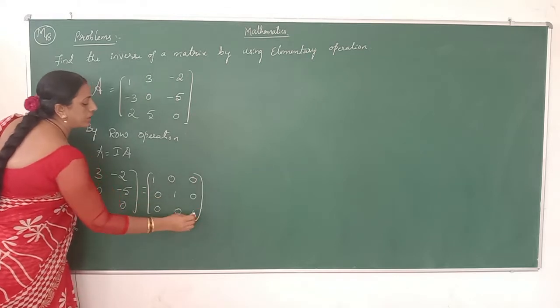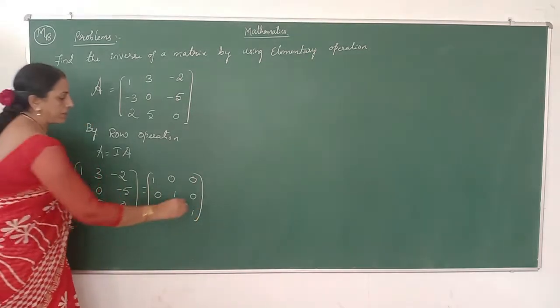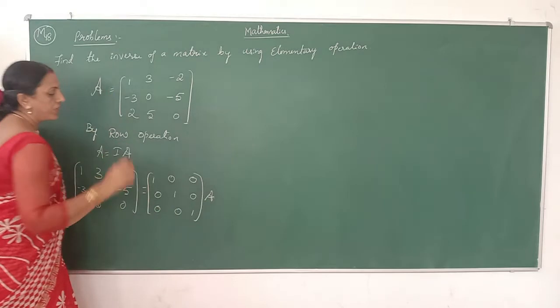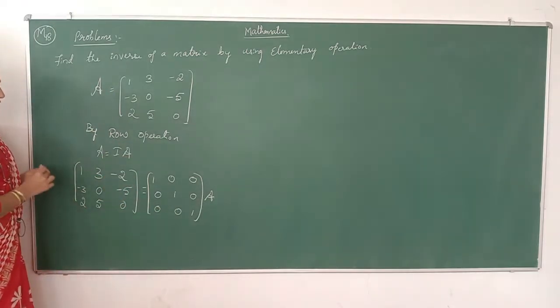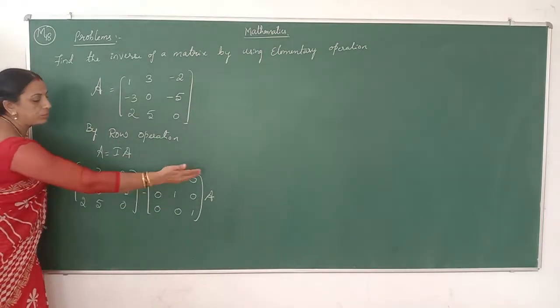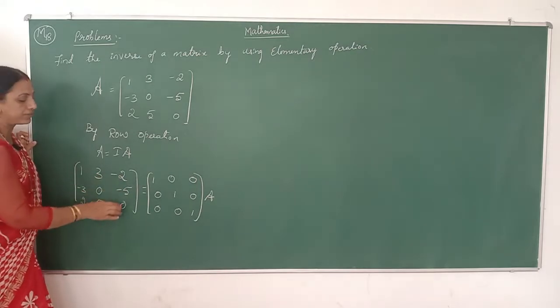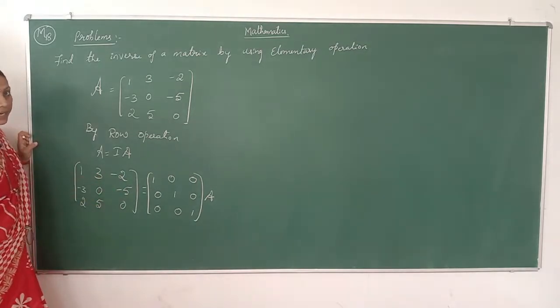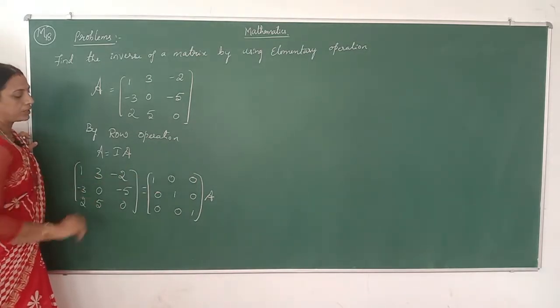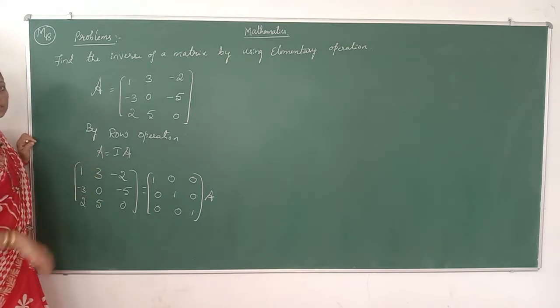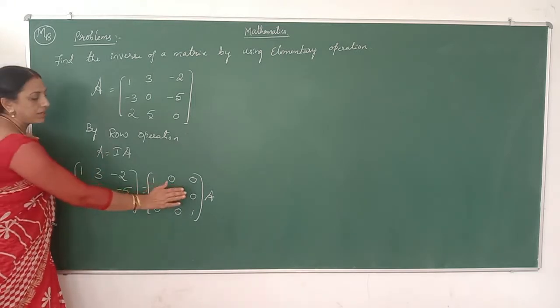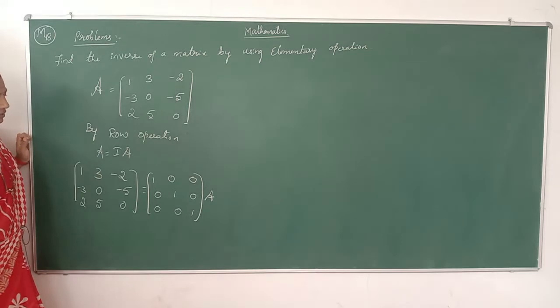It's also considered in the 3 cross 3 matrix into A. Now, if it is reduced in the form of I is equal to B into A, it means the left hand side of the matrix can be reduced into the identity matrix. Automatically the right hand side changes into some another matrix. Such a matrix is called the inverse of A.